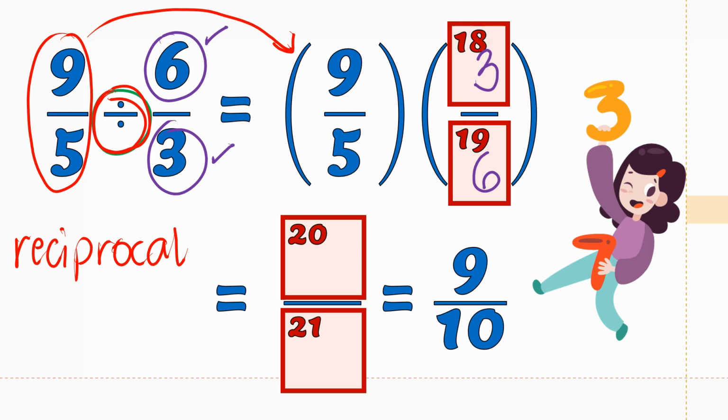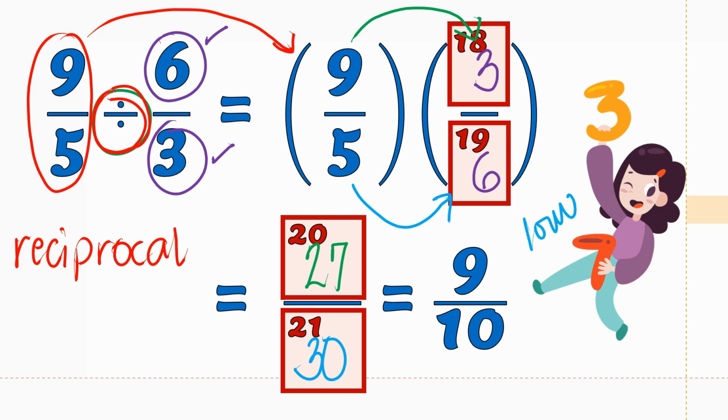Ano ba ang sabi sa multiplication rule? According to multiplication rule, si 9 i-times mo lang kay 3. That's it. The answer is 27. Si 5 i-times mo lang kay 6. The answer is 30. And then, you have to get the lowest term of your final answer. Paano tayo nag-arrive sa 9 out of 10?